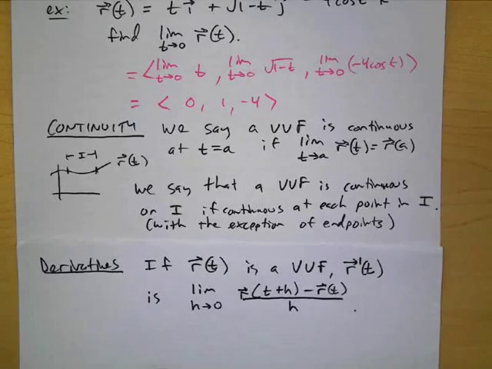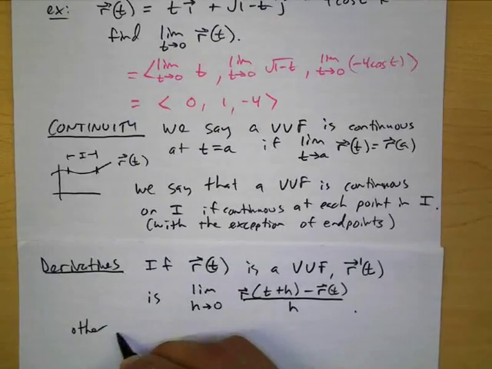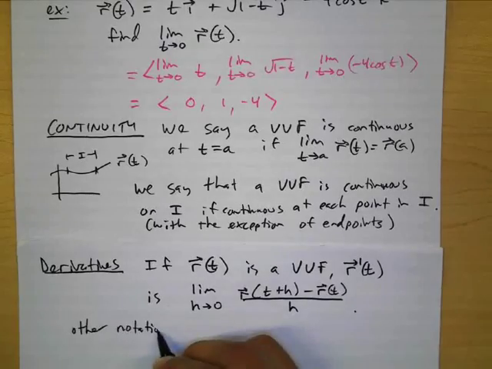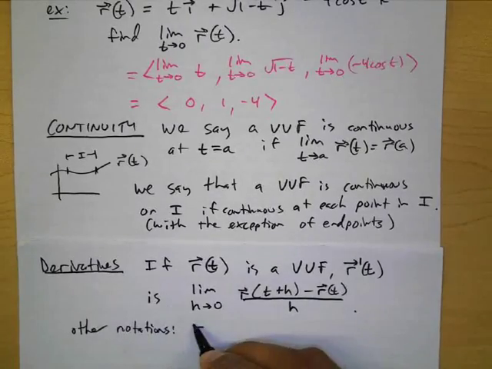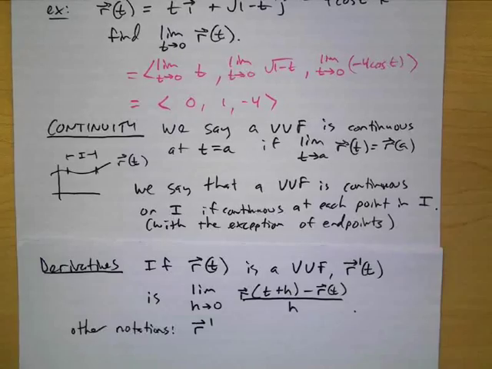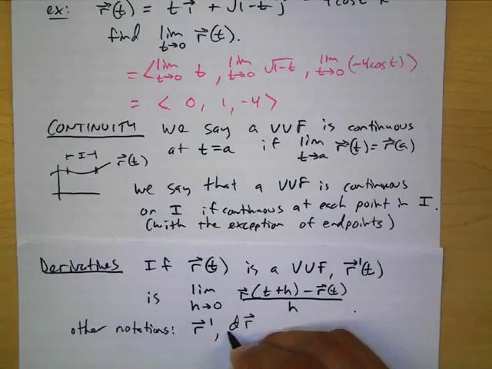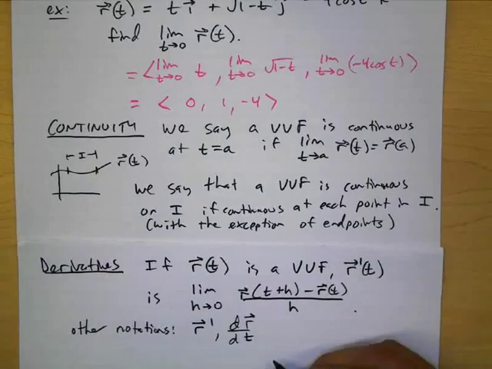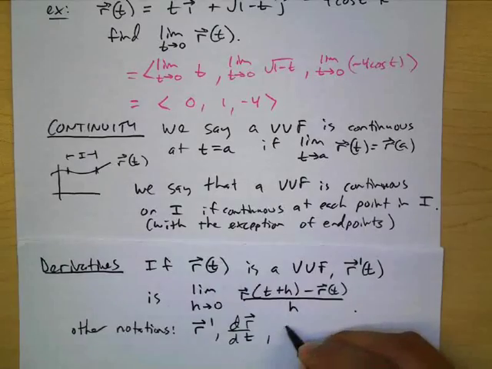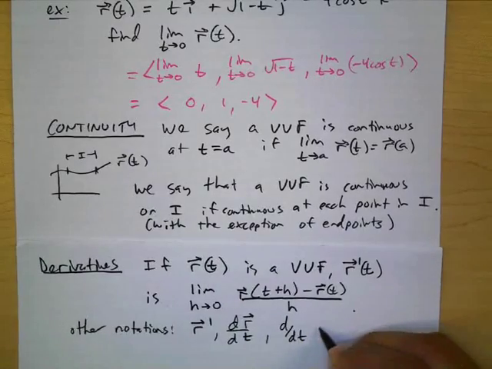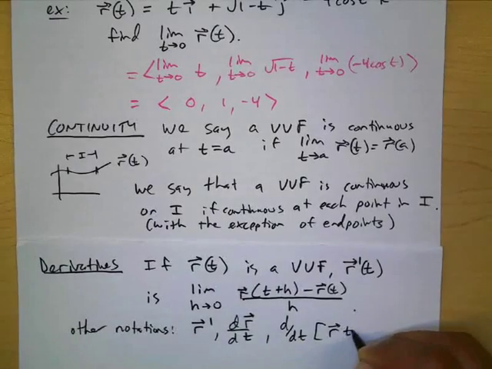Now some other notations. We sometimes go just r prime without the of t. You could also go dr dt or d dt of the function r of t.